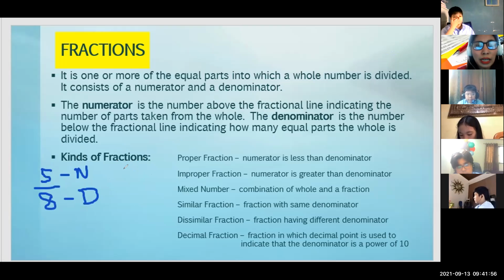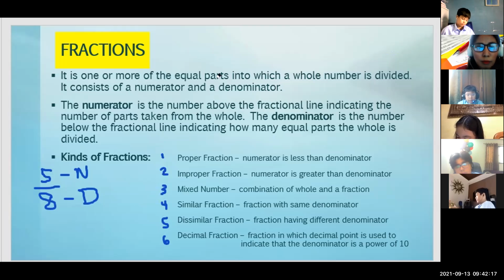Okay, there are different kinds of fractions. There are 6 different kinds of fractions.